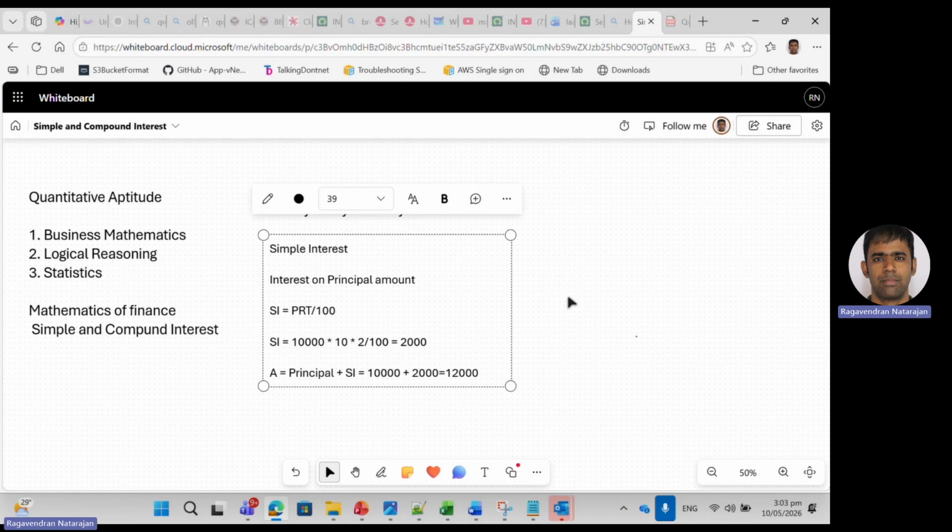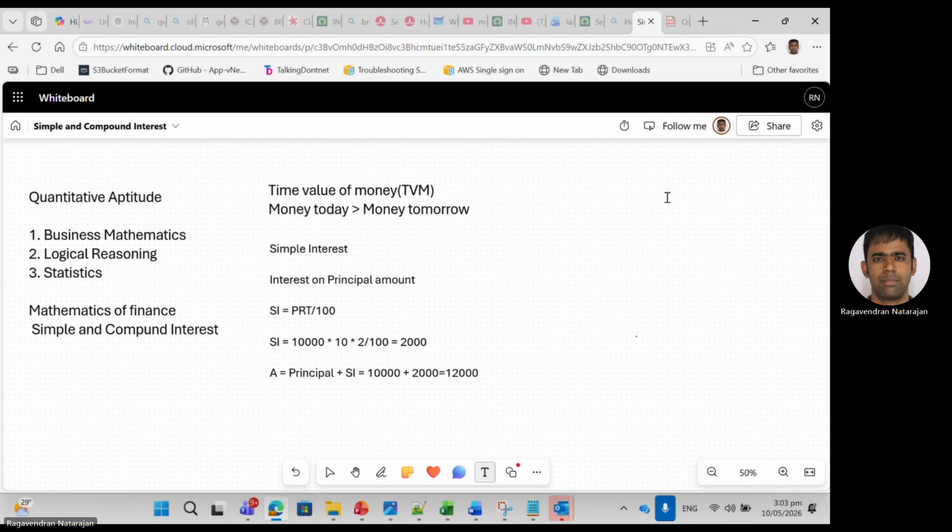Now let's move on to compound interest. What is compound interest? In real life, be it banks or any financial institutions, they will not give you interest only on the original principal amount. They will give interest on the principal plus the accumulated interest.